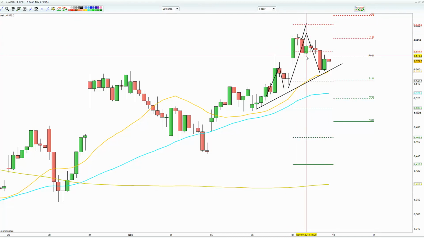We consolidated, we failed to propel higher, so the bulls lost control. When the bulls lose control at the head of a head and shoulders, that's very, very significant. Now that we've got a bearish engulfing candle and we're consolidating within that red candle, look for a potential move lower. So that's your H&S pattern right there, and we're looking for potential downside on this H&S.